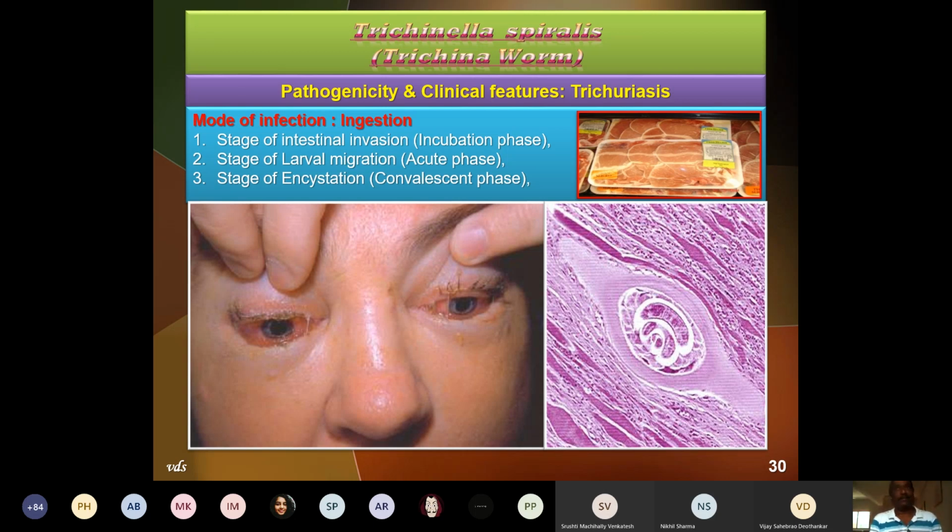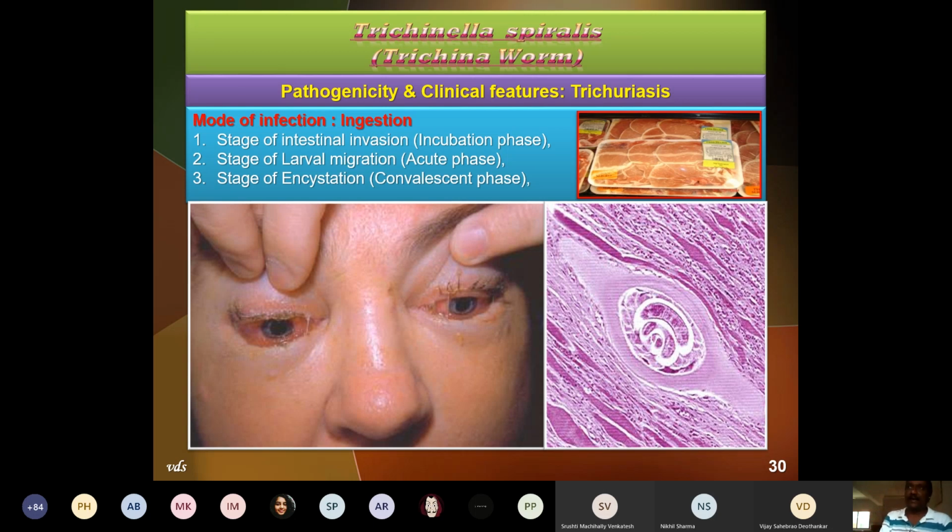At the same time, the larval form of this parasite may even enter the lymphatics, usually the superficial lymphatics below the skin. The larval form may travel through the lymphatics, and we may sense the crawling of the larval worm below the skin. That is a very important aspect which is to be understood.